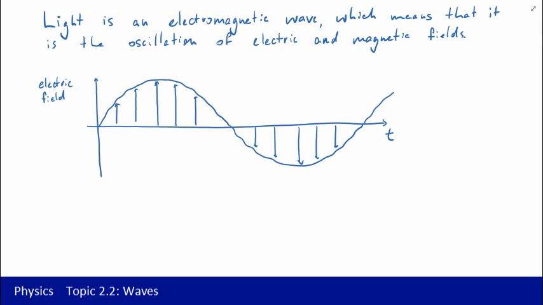Now the magnetic field is going to be on a different axis. So the magnetic field is going to be perpendicular to the electric field, and this diagram here is a little bit tricky to represent on a two-dimensional surface, but I'll do my best. So think of the electric field as being in the vertical plane, magnetic field being in a horizontal plane. The magnetic field actually oscillates in phase with the electric field, but perpendicular to it.